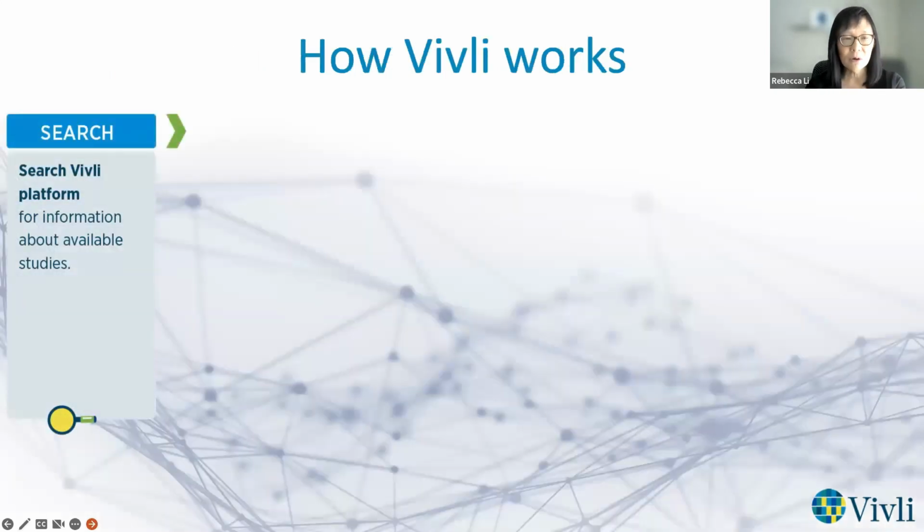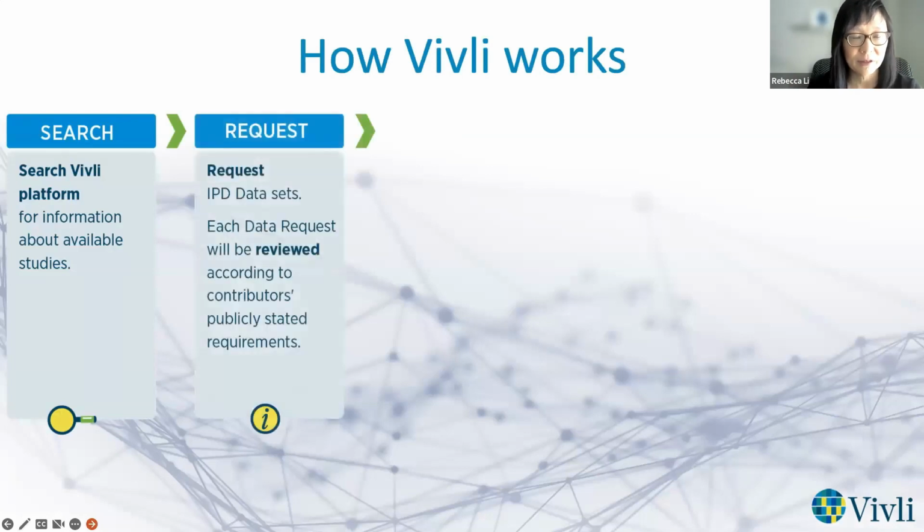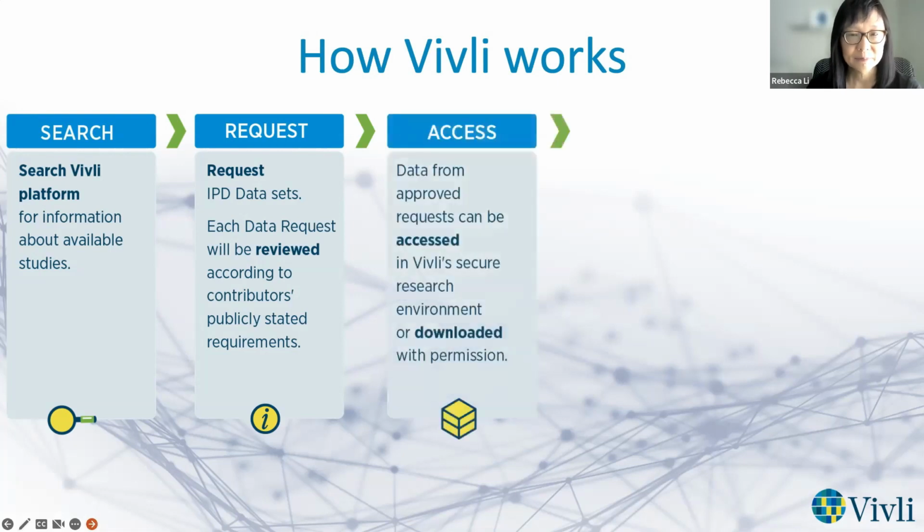So what is involved with actually accessing data from Vivli? First, one conducts a search from the platform for information about available studies, preparing a proposal that is reviewed according to the contributors' publicly stated requirements, accessing the data. So in a secure research environment, some of the data can be downloadable upon permission.